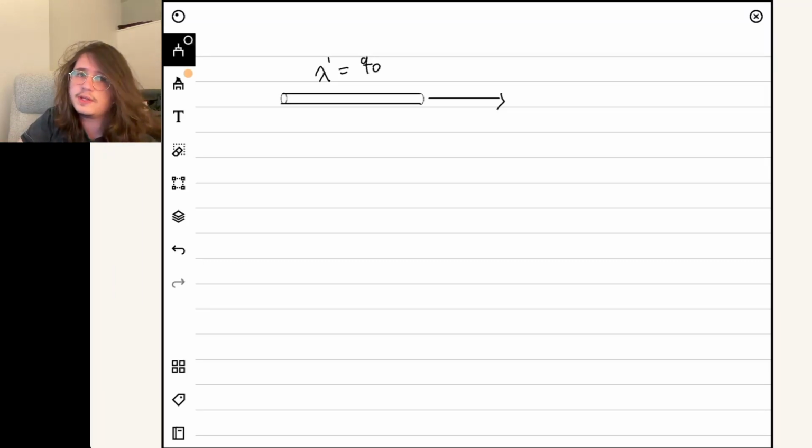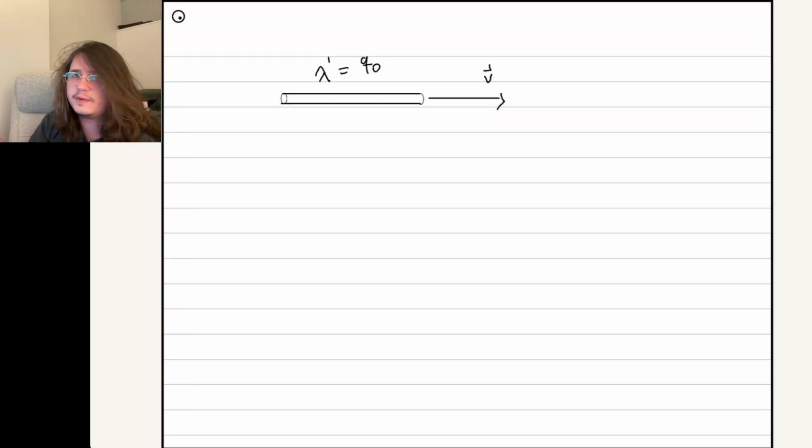We know that in its own rest frame the linear charge density is just given by Q naught. We're meant to find the electric field, magnetic field, charge density, and current density in the rest frame and in the lab frame outside of the thing moving.